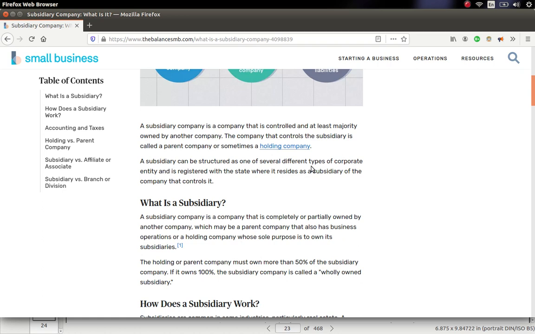But if you form a company that owns another company and it also conducts its own business, it's called a parent company. The holding or parent company must own more than 50% of the subsidiary company. If it owns 100%, the subsidiary company is called a wholly owned subsidiary. Okay.